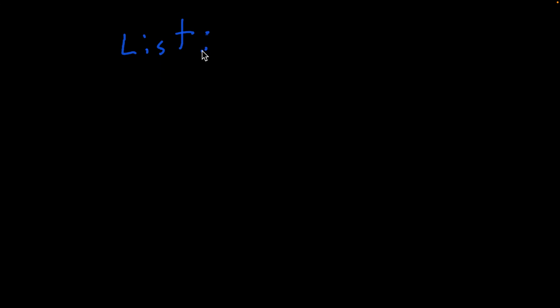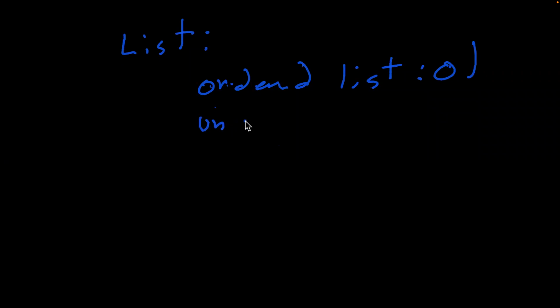Exactly. So if I want to make an ordered list, it's ol, and unordered would be ul. And within these tags, what do I put for my list items?